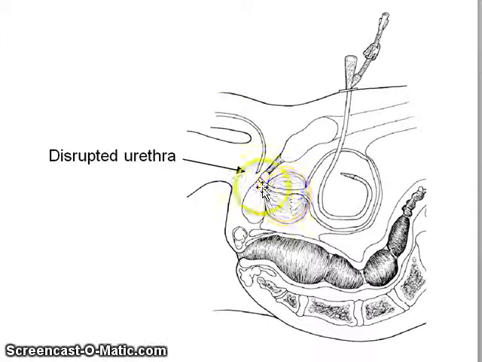A lot of times it's hypertrophy of the prostate or prostatic malignancy that causes either stricture or disruption of the urethra, and so sometimes a suprapubic catheter has to be placed. That procedure is done to drain the bladder when transurethral catheterization has failed.